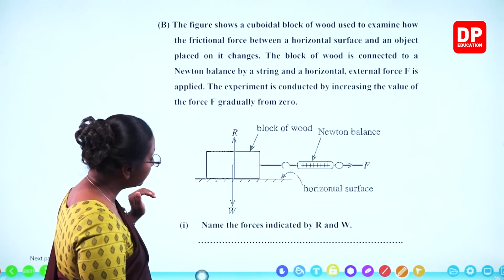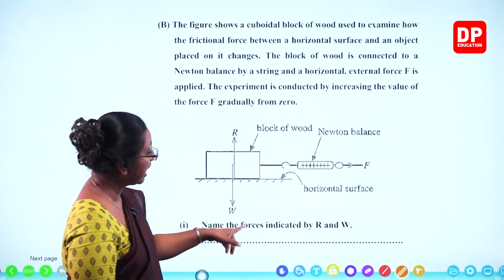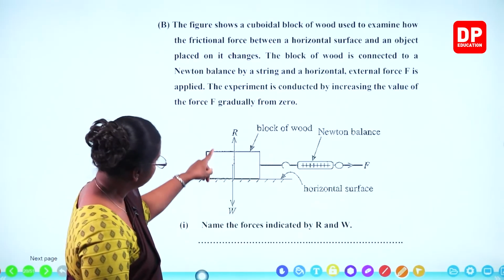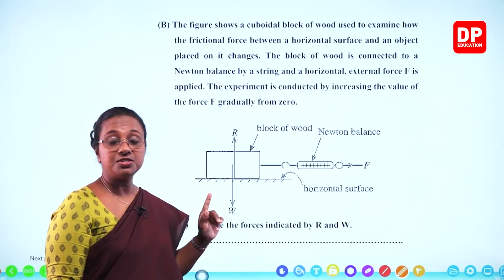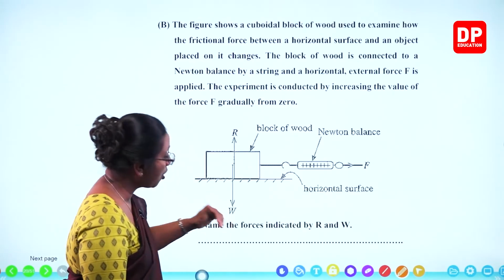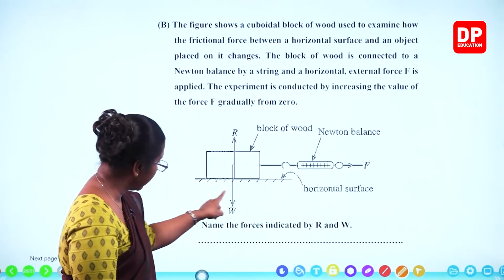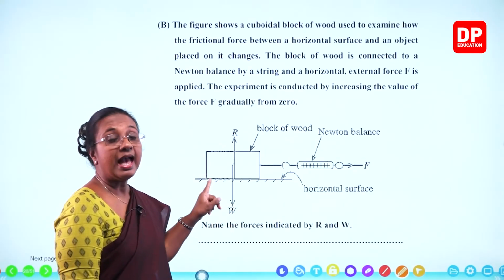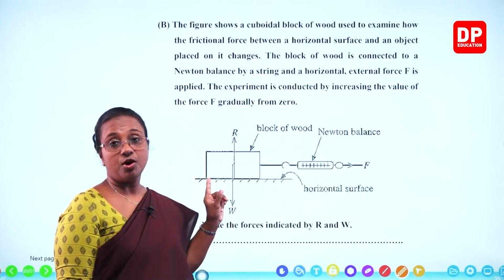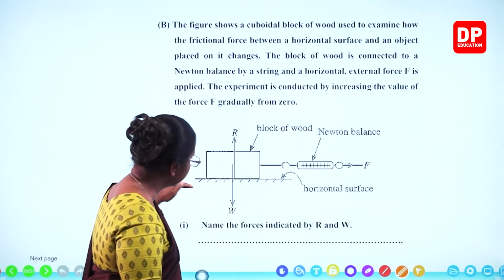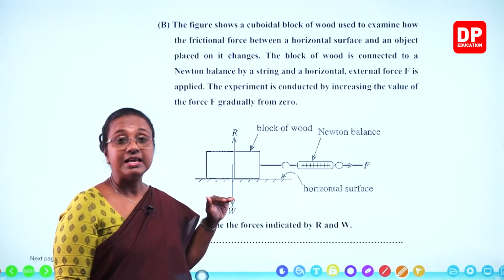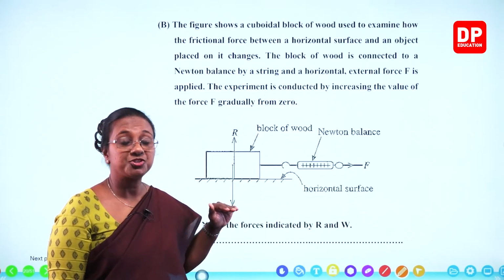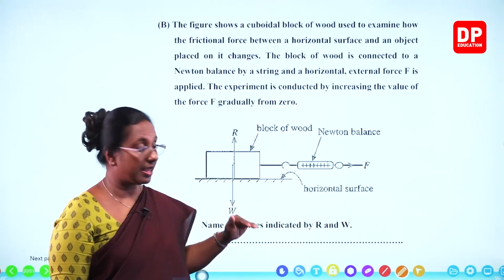First one, name the forces indicated by R and W. So what is R? Normally when an object is at rest, you all know the weight of the object acts downwards, that is W. And equal to the weight of the object, there is a force exerted by the horizontal surface. What is that? It is the normal reaction or the perpendicular reaction.